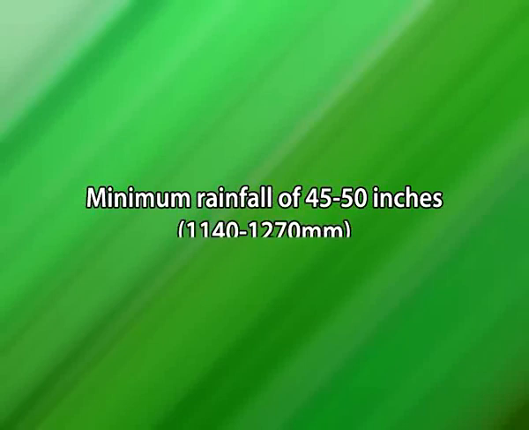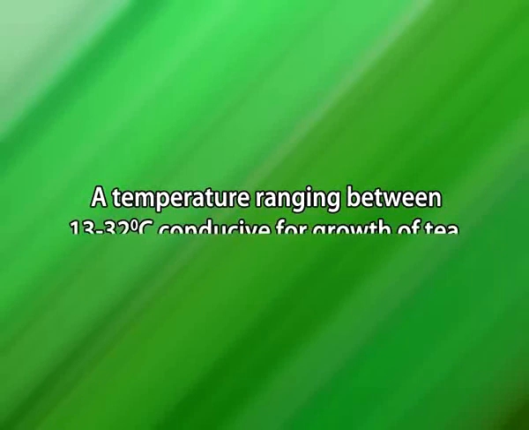That's around 1140 to 1270 millimeters with a good degree of distribution. A temperature ranging between 13 to 32 degrees Celsius is considered to be conducive for growth of tea.